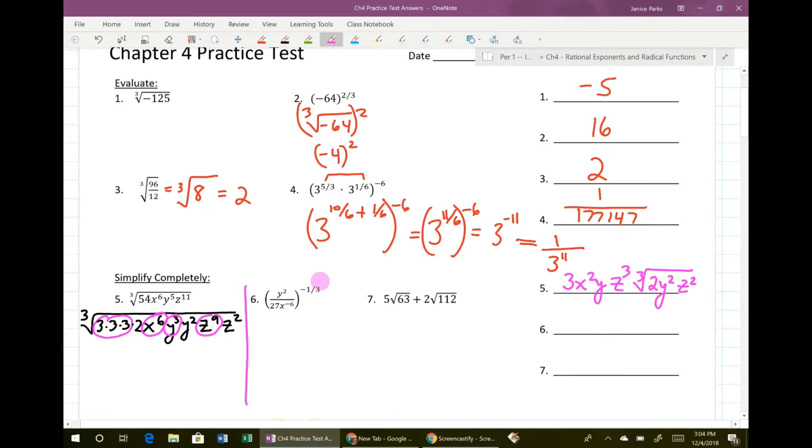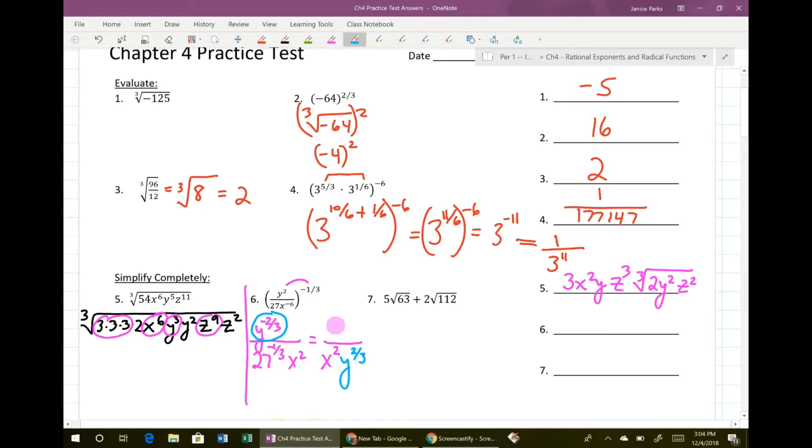For number 6, I'm going to distribute this negative 1/3 to everything. That's going to give me y to the negative 2/3. It's going to give me 27 to the negative 1/3. And then negative 1/3 times negative 6 is x squared. When I rewrite this, x squared stays where it is because it has a positive exponent. The y moves to the denominator and becomes positive 2/3.